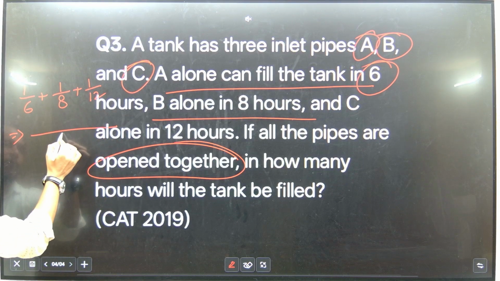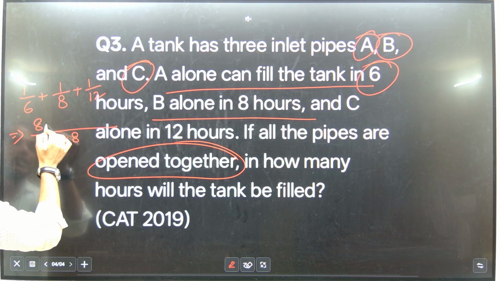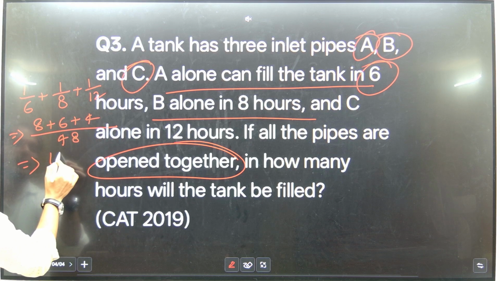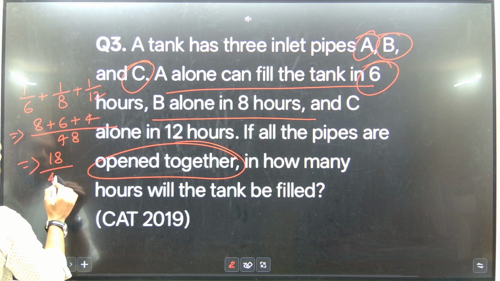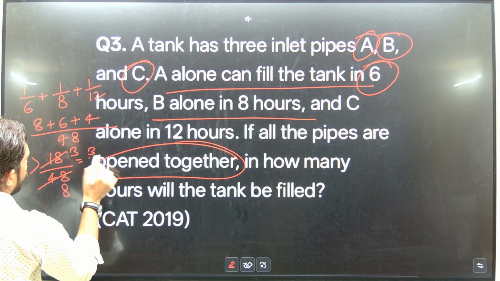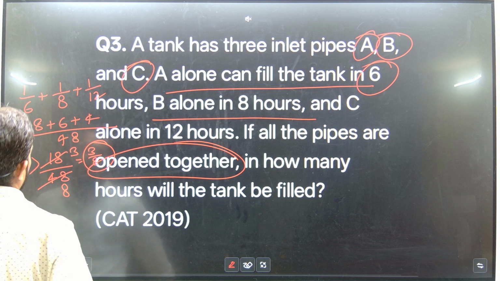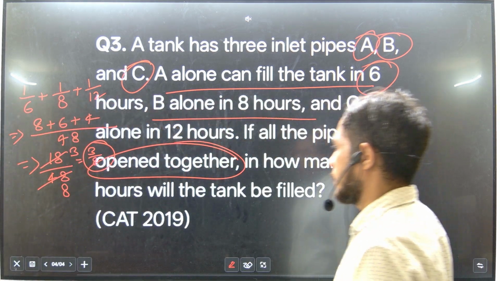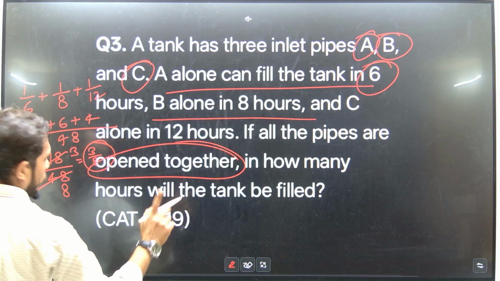So that becomes 4 plus 3 plus 2, 9 upon 24, that is 3 by 8. So within 1 hour, these 3 taps can fill 3 by 8 part.